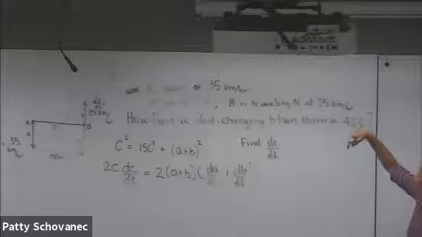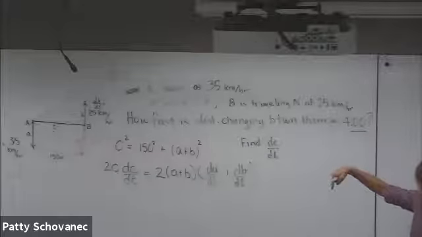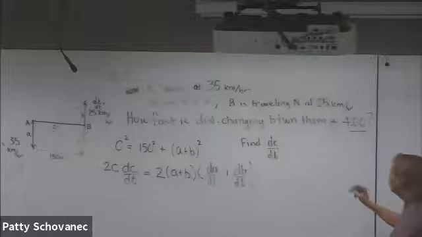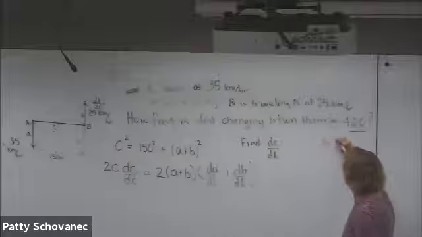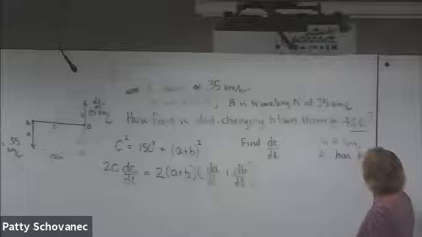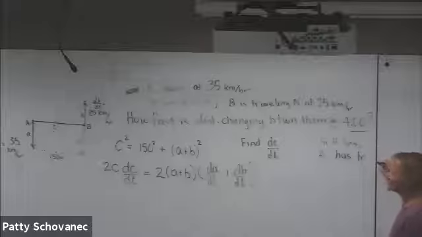A is going south at 35 kilometers per hour. So let 4 hours elapse. How far has A traveled? 2 times 35 is 70, so 4 times 35 is 140 kilometers.